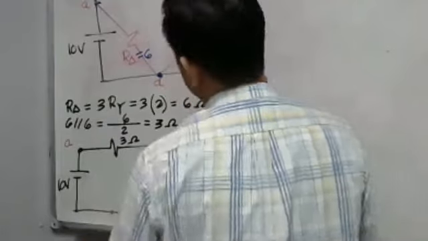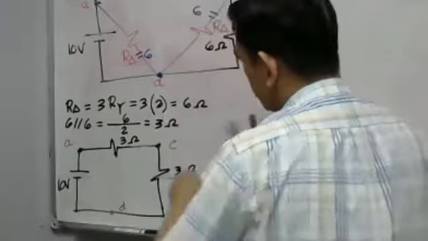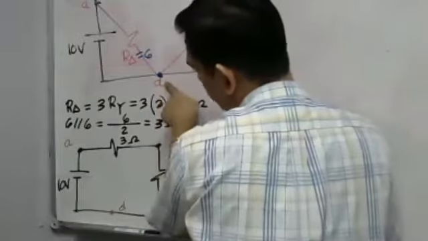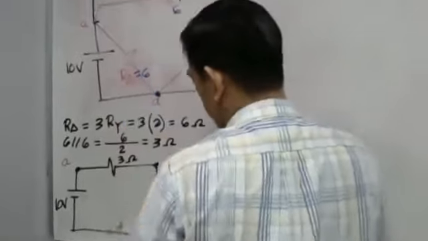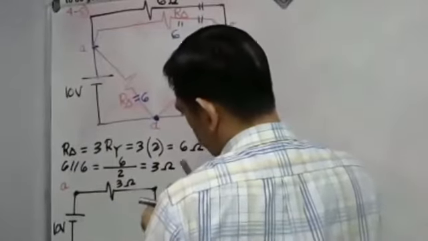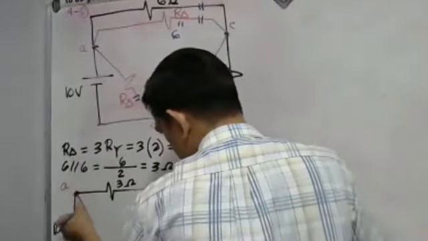Take a look at our node D going to node A. There is a 6 ohm resistor here.